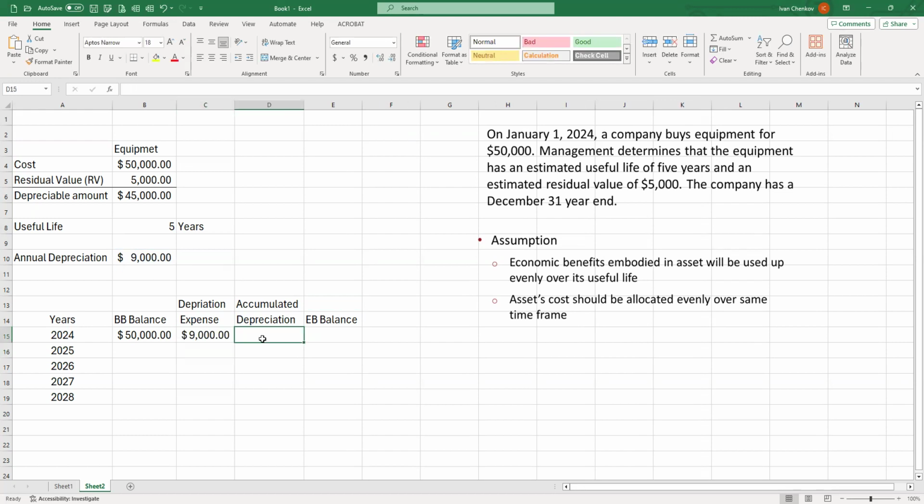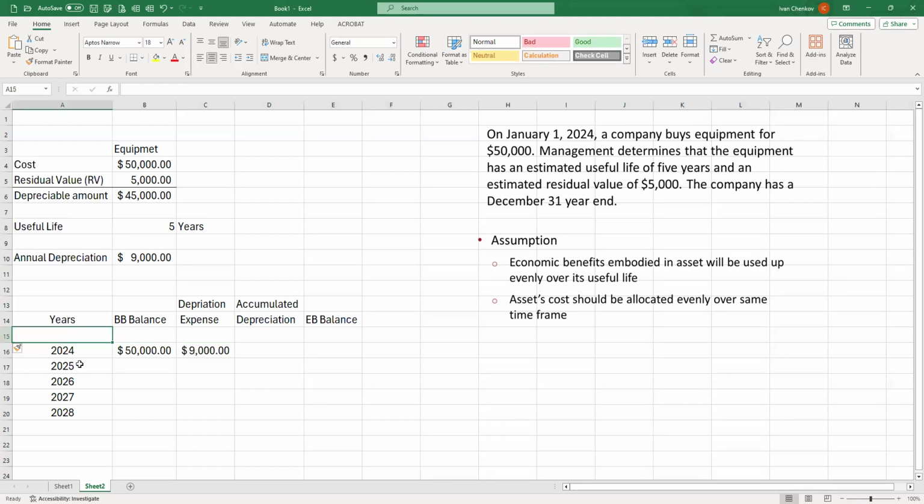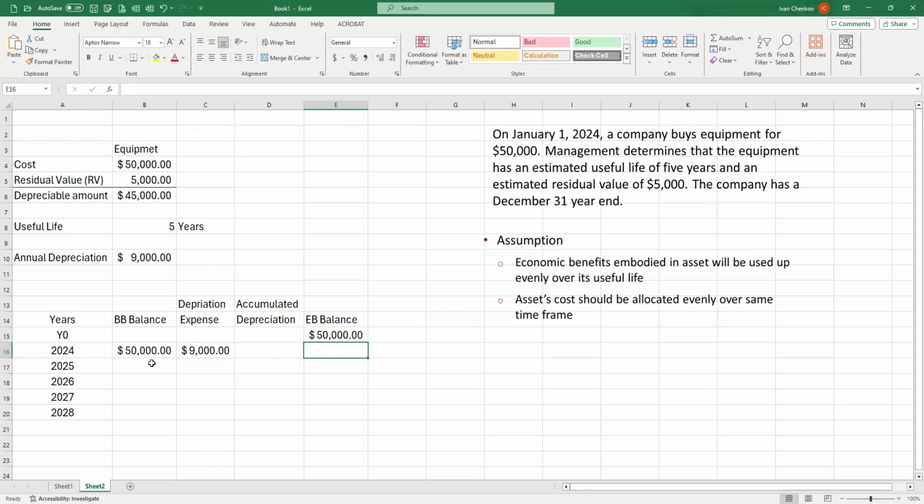Accumulated depreciation in the beginning, at the very first, when we purchase the asset, let's see, that will be year 0 of purchasing the asset. Our balance, we purchased for 50,000. That was the purchase price, which is equal to 50,000. Now the first year we use it the entire year.